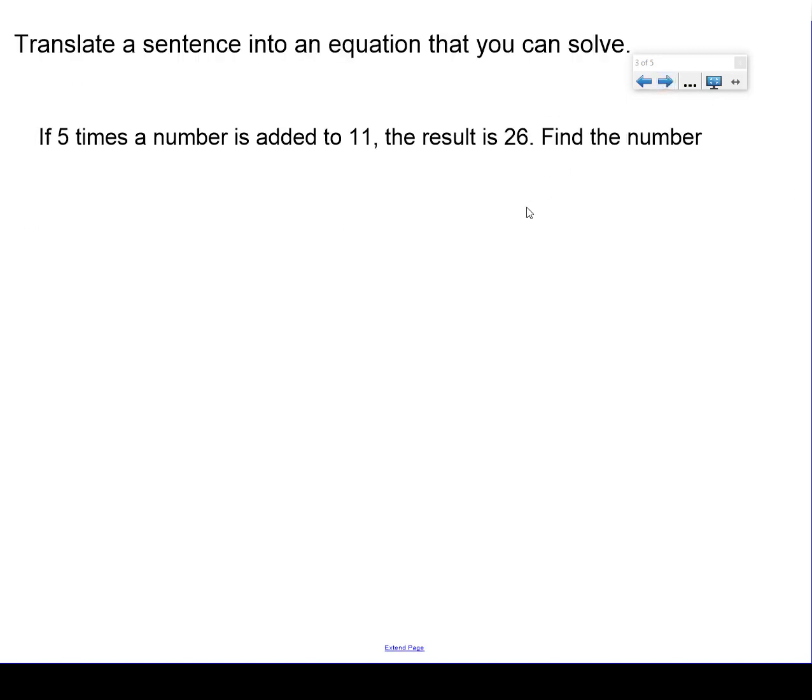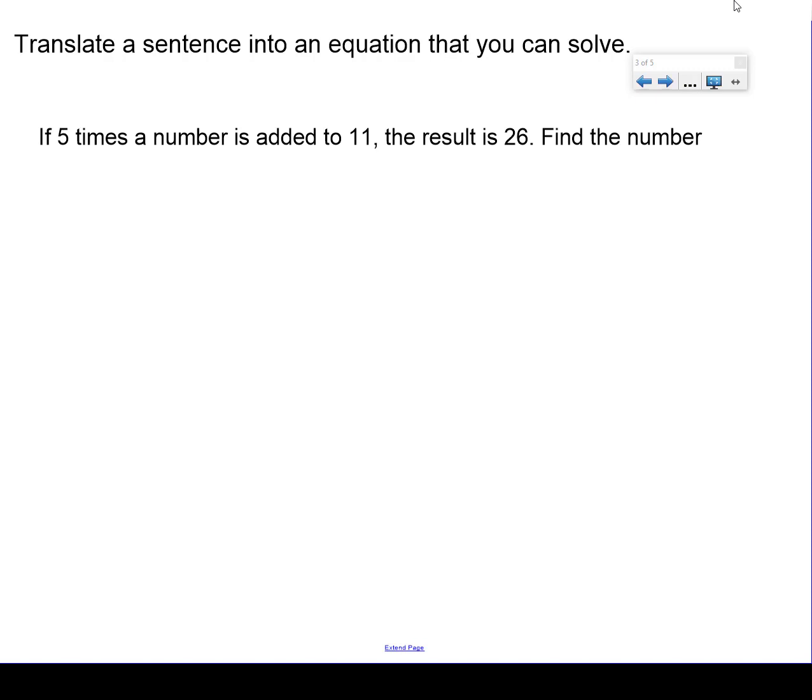So now we're going to translate a couple of sentences into an equation, and then we will solve them. So for this first one, it says if 5 times a number is added to 11, the result is 26. Find the number. So we're going to solve as well. So the first thing I look at is 5 times a number.